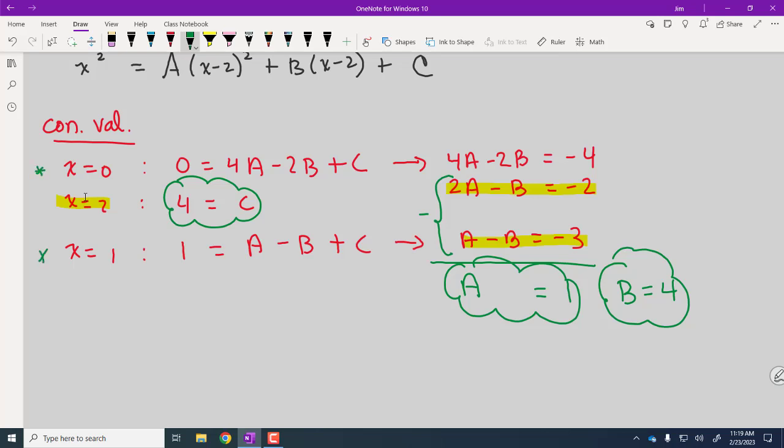Whatever you want, you'll end up with the same coefficients. So if we plug in a equals 1 right there, we subtract that over, negative b is negative 4. Negative b will be negative 4, so positive b will be positive 4.